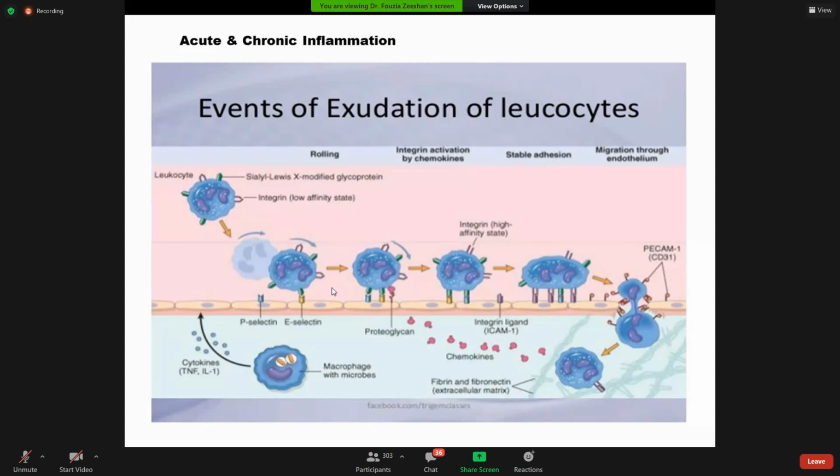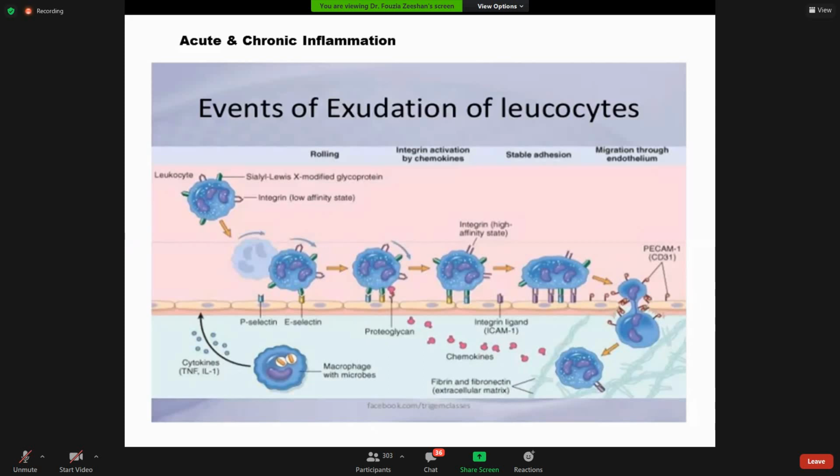In this way they walk along, or you can say they roll along, the endothelial lining. It is very important to understand that integrins and selectins are the most important receptors for the exudation of leukocytes, right?